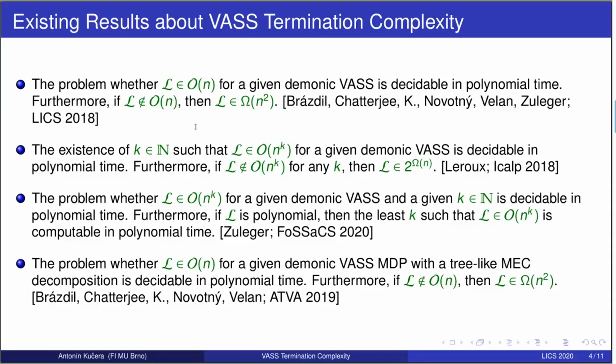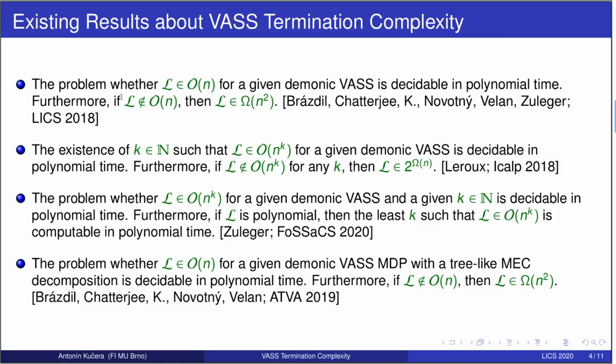Here is a short summary of the existing results about VASS termination complexity. As you can see, most of these results are relatively recent, and most of them consider purely demonic VASS, where all of the control states are demonic. In particular, the problem whether the termination complexity is linear, so whether it is O(n), is decidable in polynomial time.